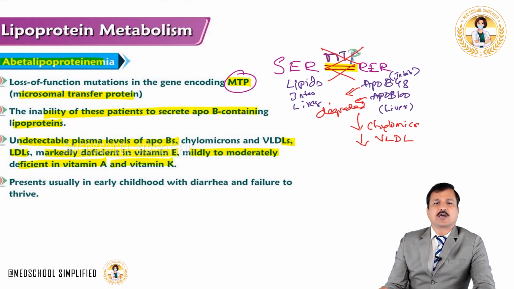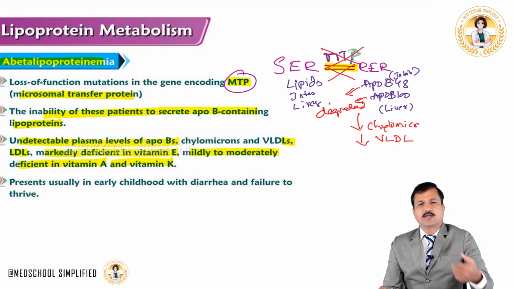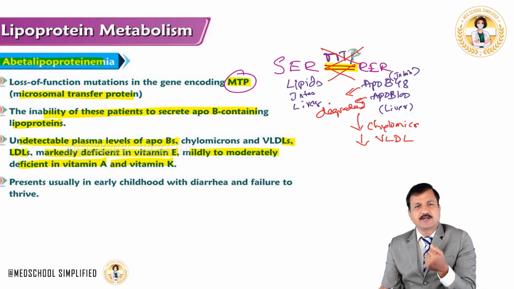Why? Because chylomicrons are not seen, VLDL is very less. So chylomicron decreased, VLDL decreased. When VLDL is decreased, it means IDL and LDLs are decreased.